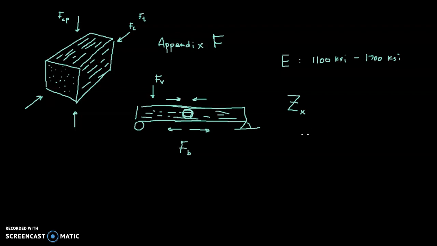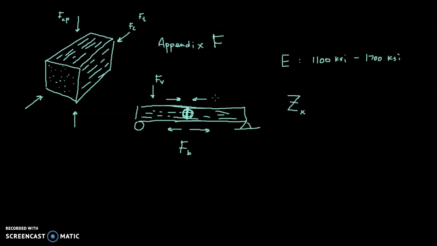So you can keep loading it until it fails all the way from top to bottom. Wood is not as predictable as steel. Wood is a naturally occurring product. It's not man-made. There are all sorts of natural defects. And so essentially we have to be more conservative with our design when it comes to wood.